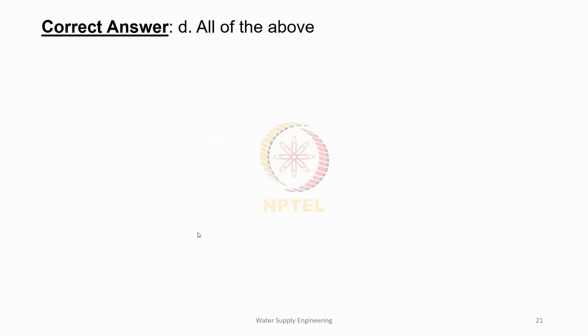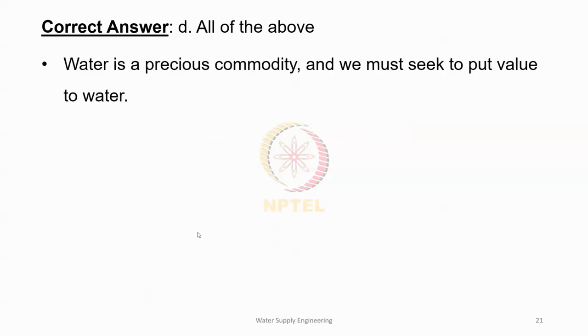Yes, the correct answer is option D, all of the above. That is, water is a precious commodity, we know. So we must seek to put value on water. That is, we should enhance water conservation, or we should reduce the consumption, and we should reduce the wastage.